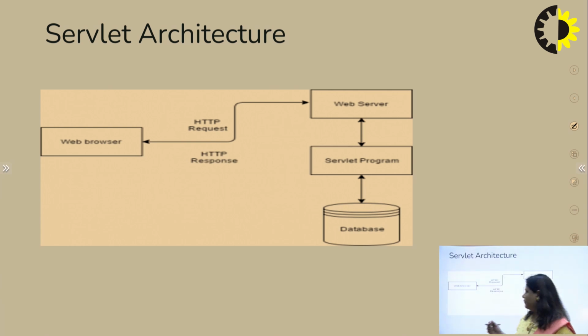The second point is to handle form submissions and process data. Whenever we require form submissions, or need to process that data further in different ways, we use servlets. So servlets also help us handle form submissions and process data. Next is to build web-based APIs.